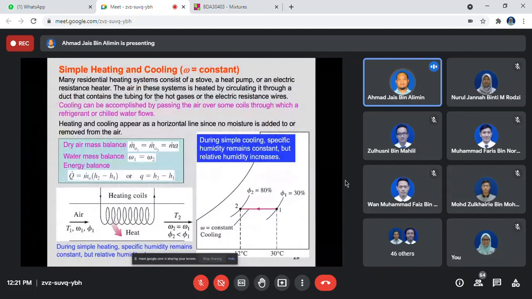The same approach can be used for cooling, by ensuring the incoming air has contact with a cooling medium or cooling system. So heating and cooling on the psychrometric chart will appear as a horizontal line.